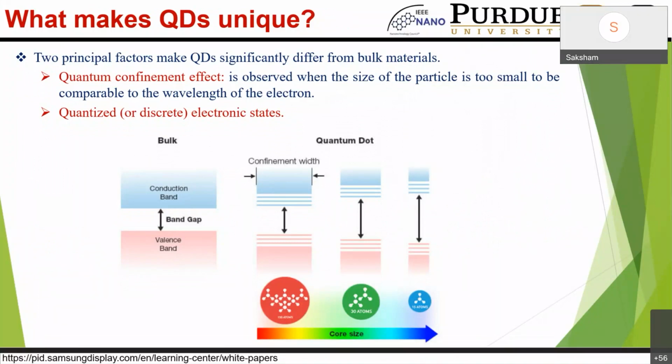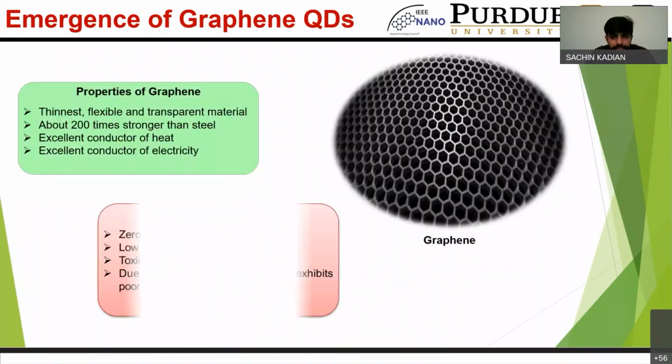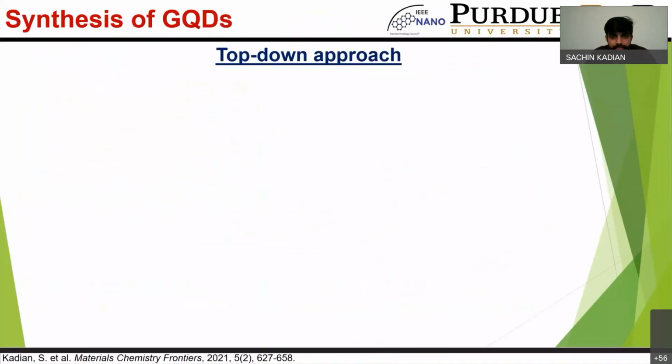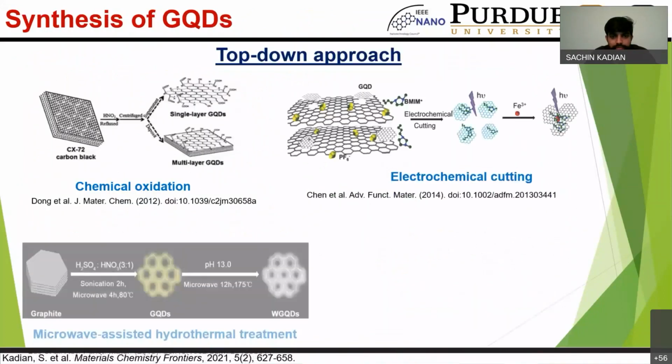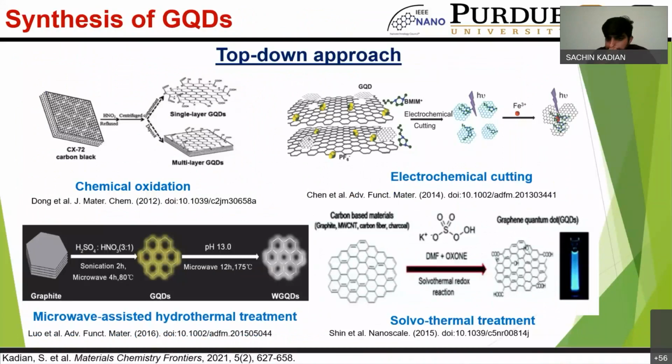Dr. Sachin, may I ask a question? Yeah, sure. Please go ahead. Sir, as you have shown the top-down approach, can you go to that slide? Yeah, sure. So here are several methods, like chemical oxidation or electrochemical oxidation, right?